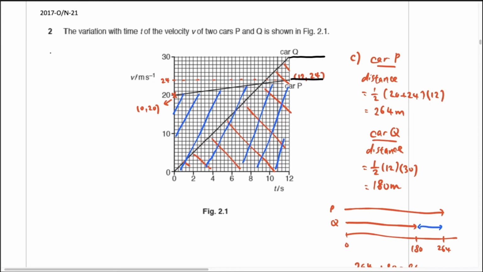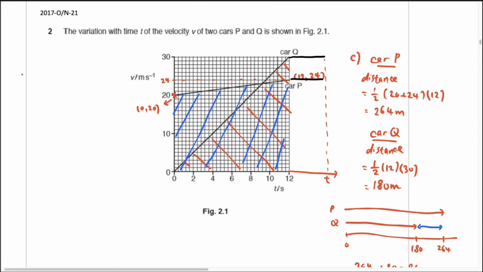Okay, so imagine car Q passes car P at time t. So in order to find that time t, basically it should have the same area.